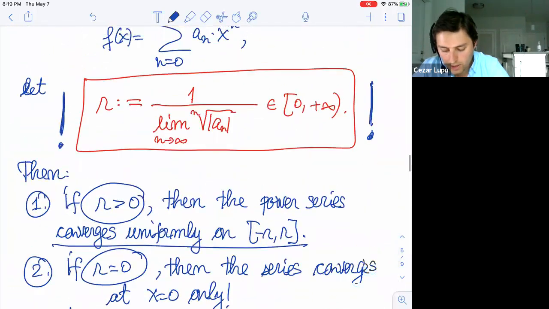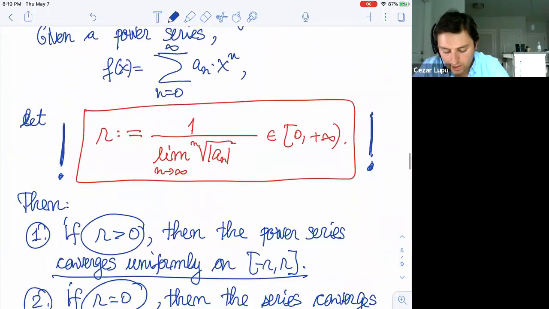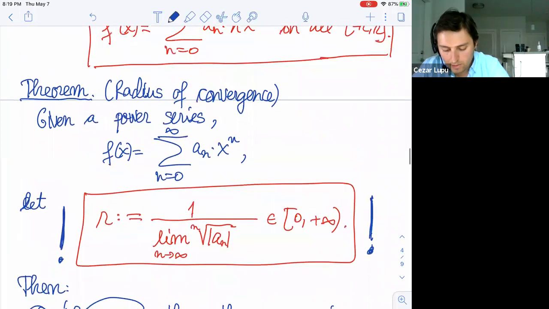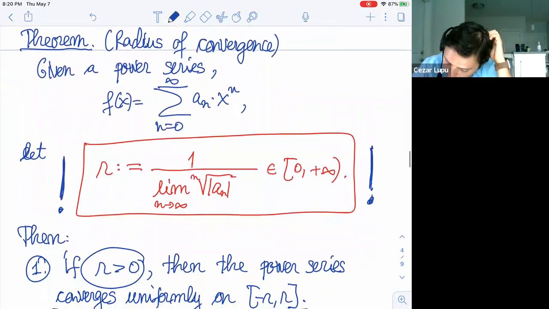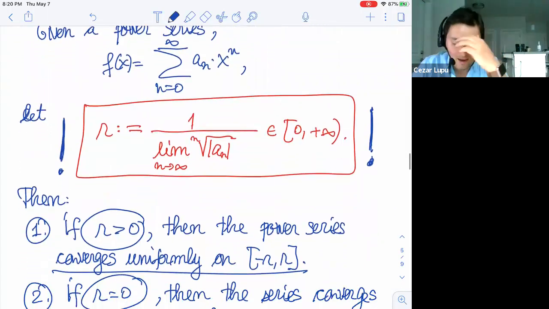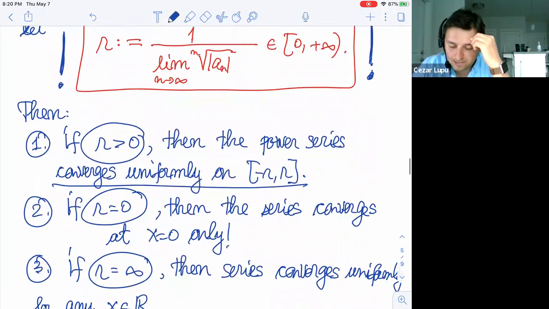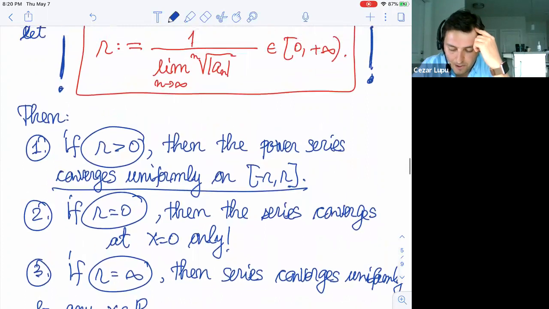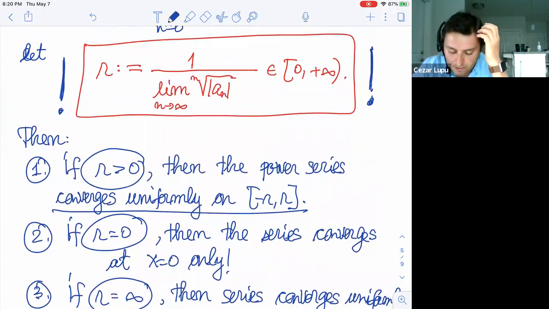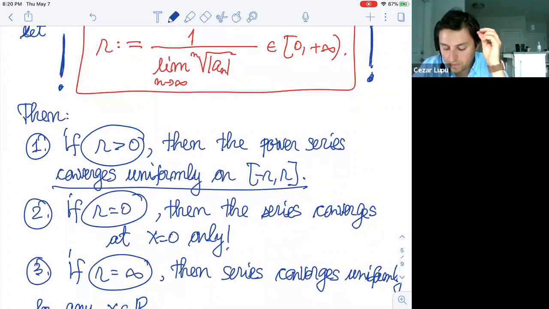Now the question is, we have this theorem which tells you about the radius of convergence, which is given by this. It says that if R is the radius of convergence and R is positive, then the power series will converge on (-R, R). But here I have to check the endpoints.